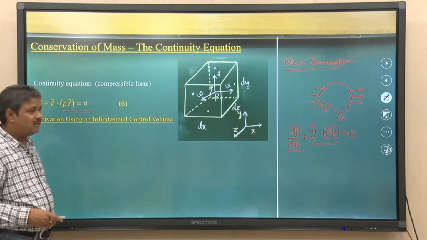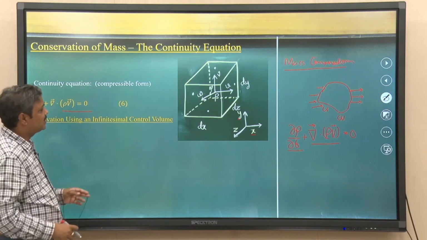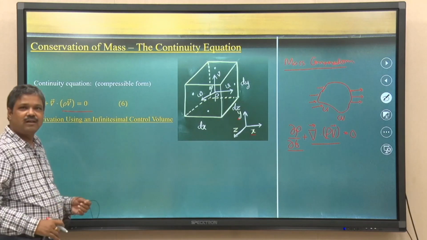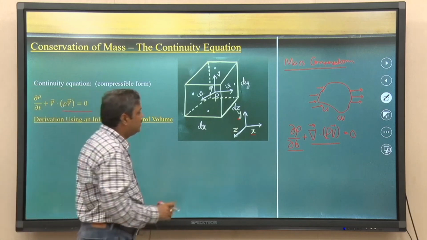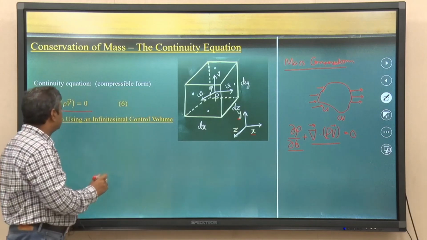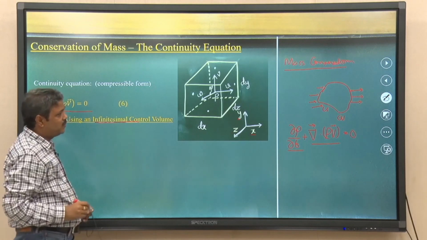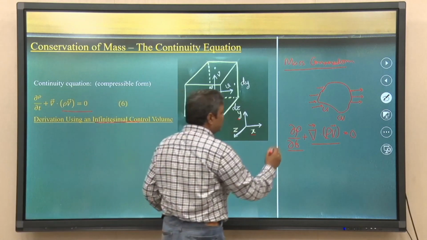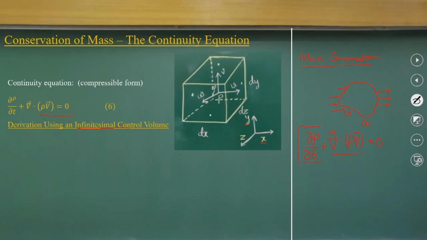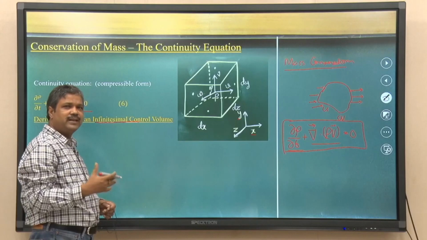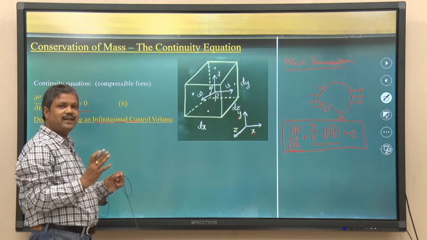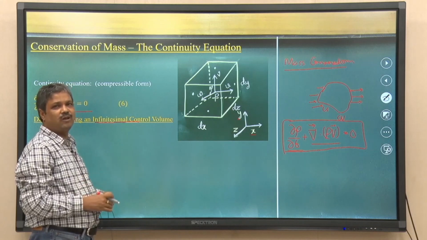Let us start deriving the mass conservation equation for infinitely small control volumes. We are going to get the same form of equation that we derived from the Gauss theorem, but here, to understand more clearly, we are taking a simplified control volume.